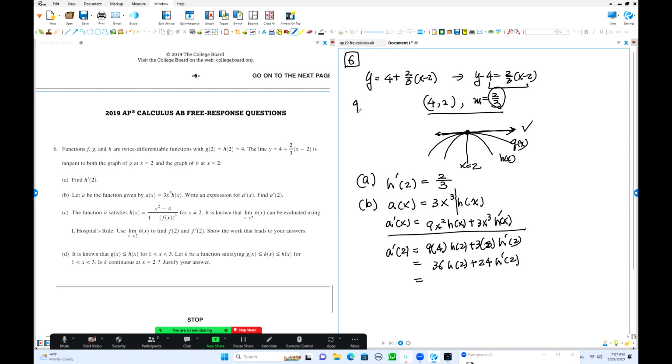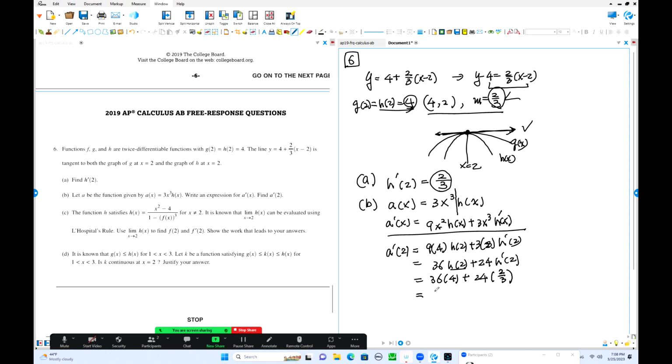They said over here g of 2 equals h of 2 equals 4. When x is 2, y is 4 here. So this is 4, 36 times 4. After that, 24 times h prime 2, which is still 2/3, the slope of this tangent line. Times 2/3.